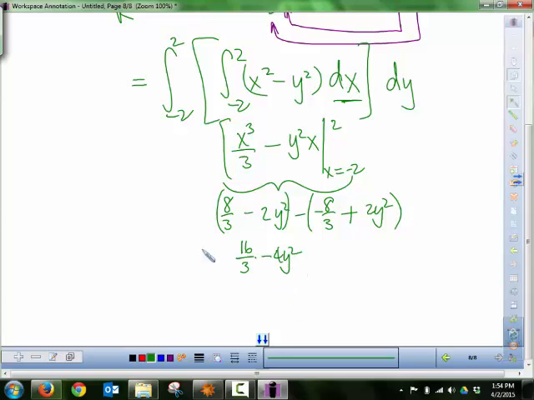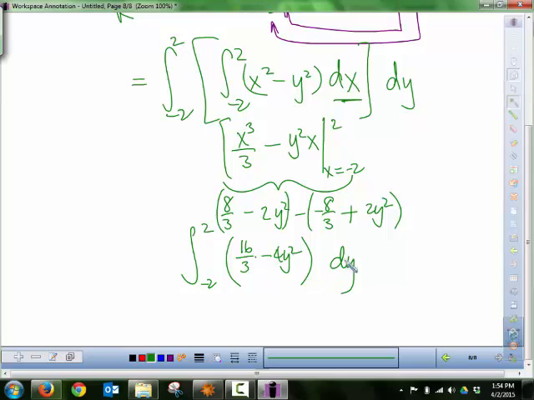And now, this integral sign out here is going to take this area function, and we're going to add up a whole bunch of area functions. And now if we integrate this with respect to y, I have 16/3 as a constant with respect to y.